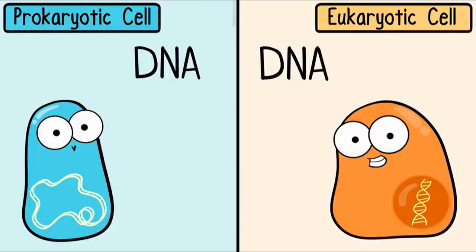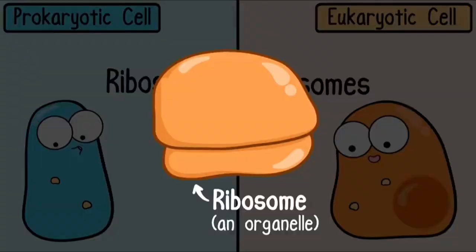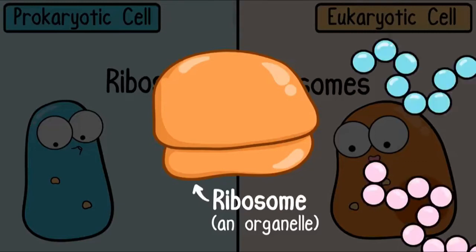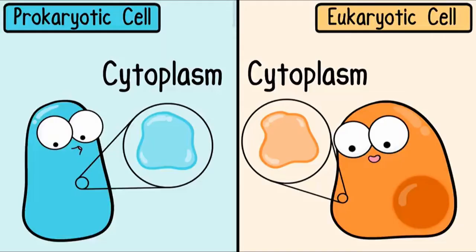Both have DNA. That's critical because DNA is the cell's genetic material. Both prokaryotic cells and eukaryotic cells have ribosomes, which are small organelles, an organelle being like a tiny organ. The ribosomes have the important job of making proteins. Gotta make protein. Both cells have cytoplasm, the jelly fluid within cells.